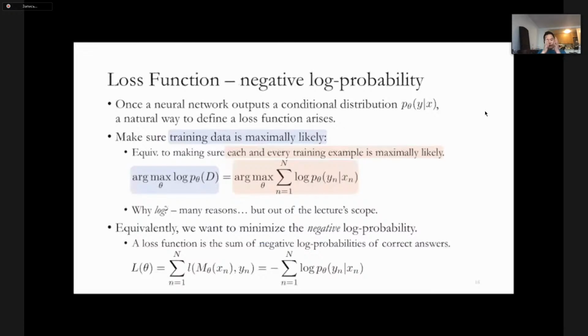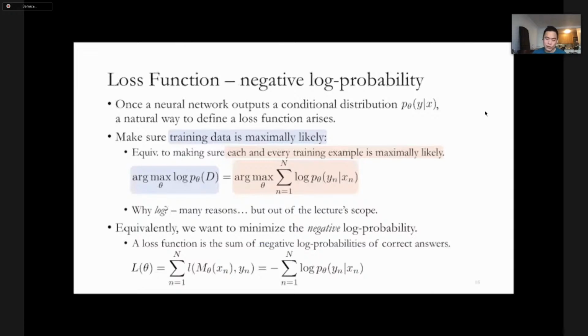The idea is that we are given a training set, which consists of training instances, and each instance is a pair of input and correct output. Then our goal is for our neural network to assign as high a probability as possible to the correct answer according to the training set. Because our neural net outputs a conditional probability, that's naturally defined as trying to maximize the log probability of the correct answer.